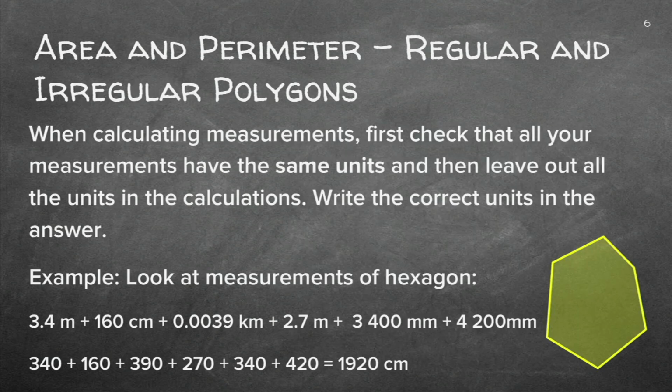Right. In this example, we also have a hexagon. But the reason for this example is to show you the different units. So you must make sure that you check your units.